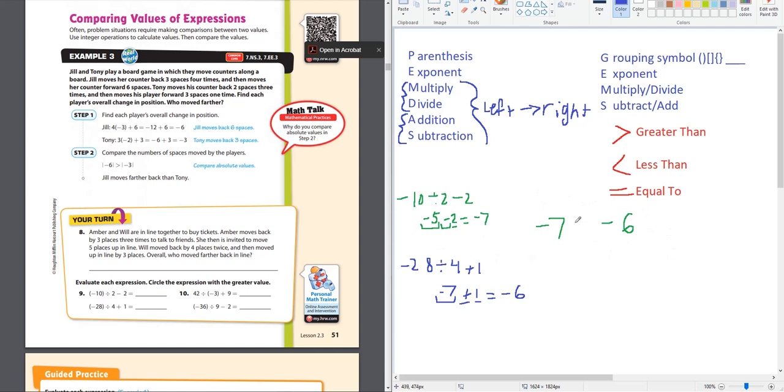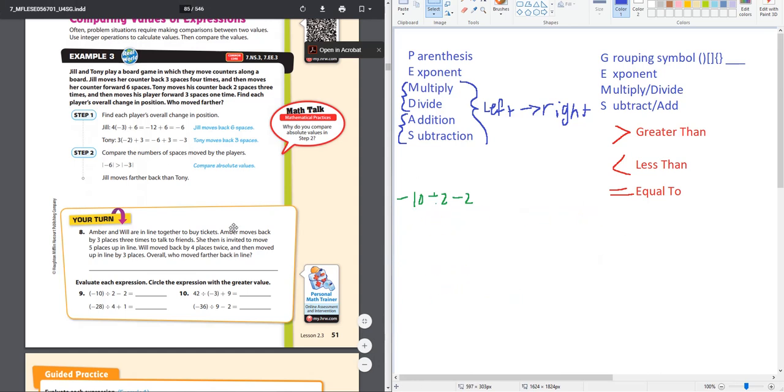Just because 7 is the bigger number doesn't mean it's the bigger value, okay? Remember, the bigger your negative number is, the smaller it actually is. So we're going to put a less than sign. Negative 7 is less than negative 6.